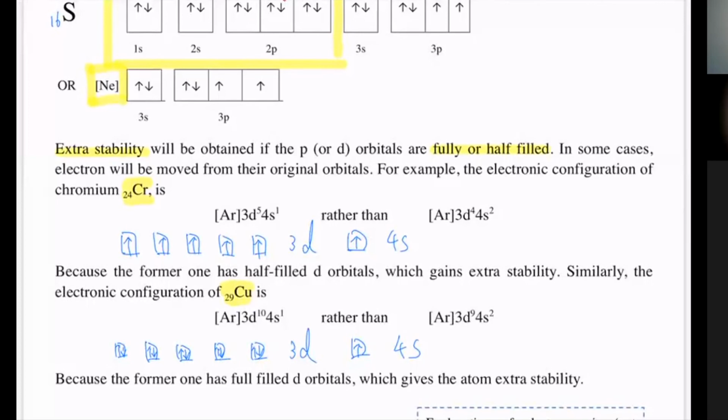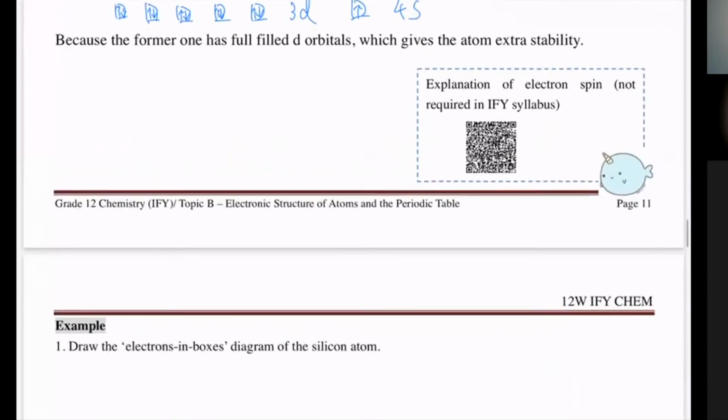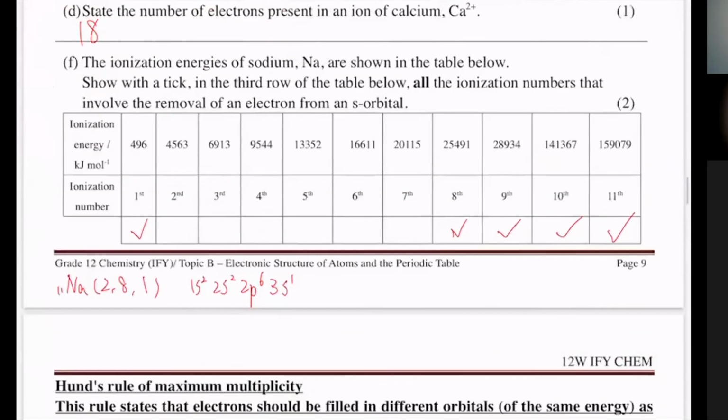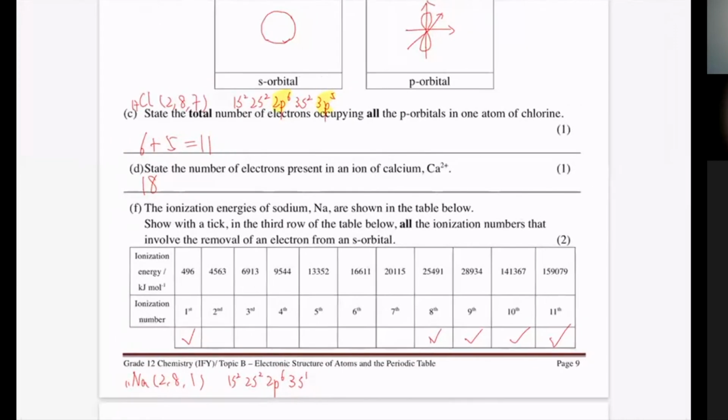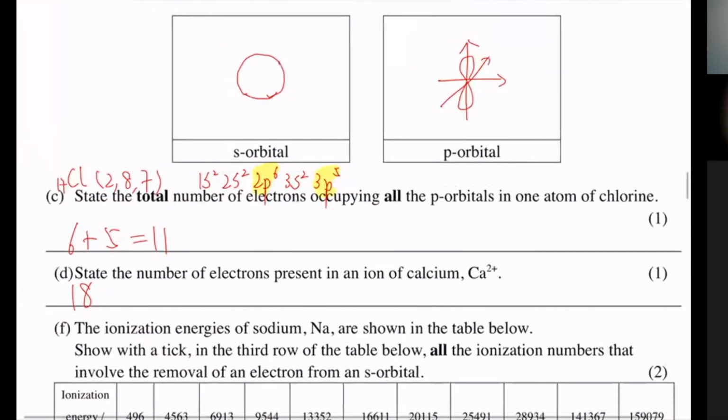I don't understand the checkpoint. Which one? Which page? Page 9. Which question? Which part? C and F. C. Okay. So, do you understand the electron configuration in terms of s, p, d?